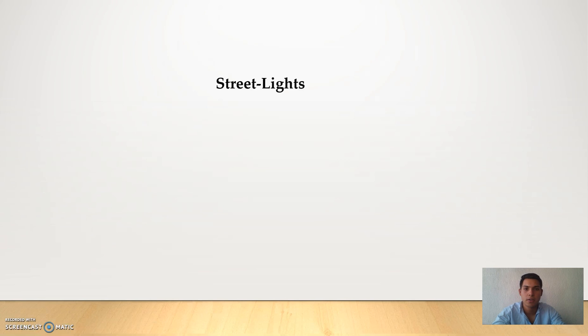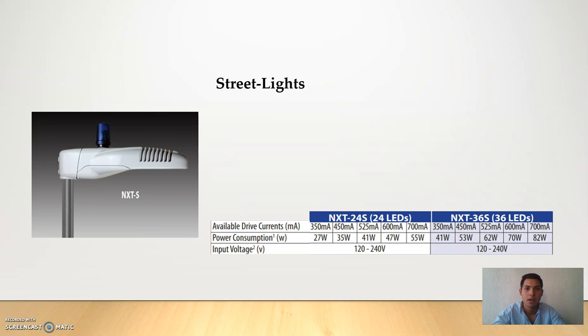Continuing with the specifications, UdeC has LED technology in the public lighting. There are two types of power in the streetlights: 55 watts and 82 watts. Besides, it's possible to modulate and change this power by changing the amount of current in the controller.